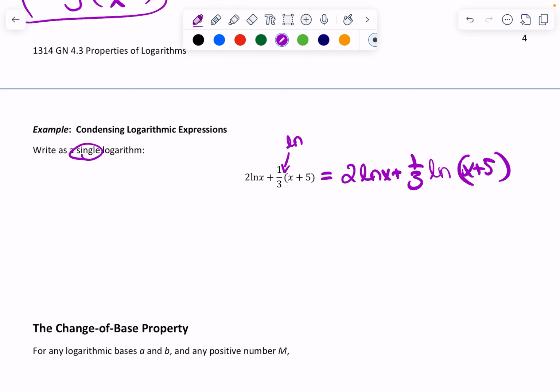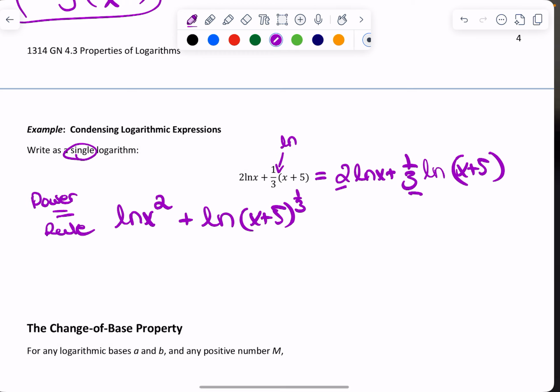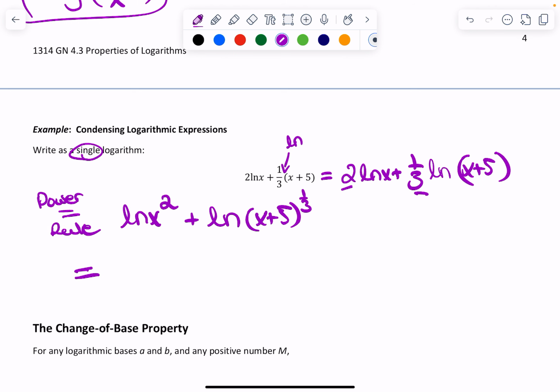So what we're going to use first is the power rule. We have the 2 and the 1/3, so we're going to go backwards and put those into the exponents. So natural log of x squared plus natural log of x plus 5 to the power of 1/3. Now we have an addition here, and the bases are the same because they're both natural logs.